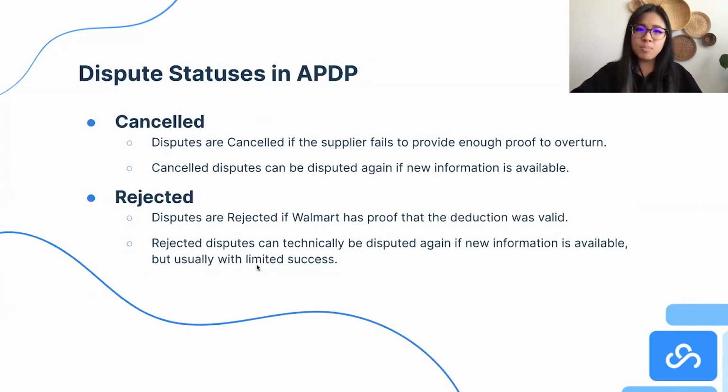As we have been talking about throughout this presentation, rejected disputes, you can technically dispute them again. But of course, the key is that you need to have new information available. If you resubmit the deduction dispute with the same information that you had before, very, very low chance of success, as you can imagine.